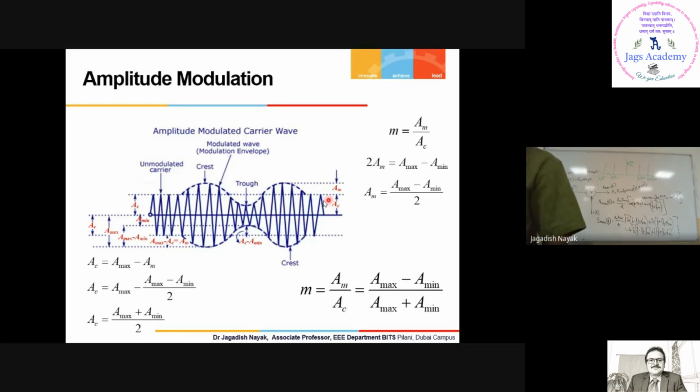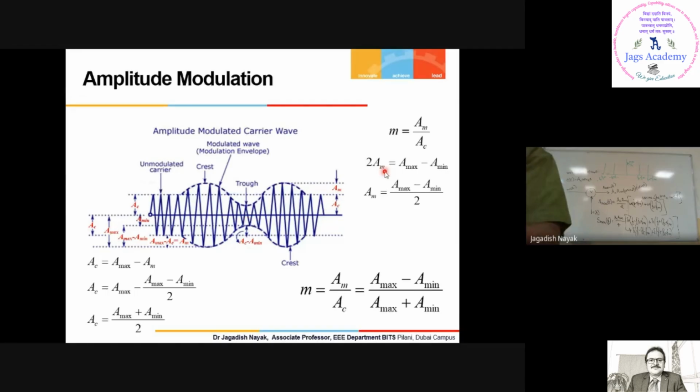Now can you write this A max and A minimum in terms of AM and AC? Now see here. Here to here it is AC. Here to here it is AM. Now what is AC plus AM? AC plus AM is equal to A max. You have that one equation there. Now, you can have one more equation. What is A minimum?